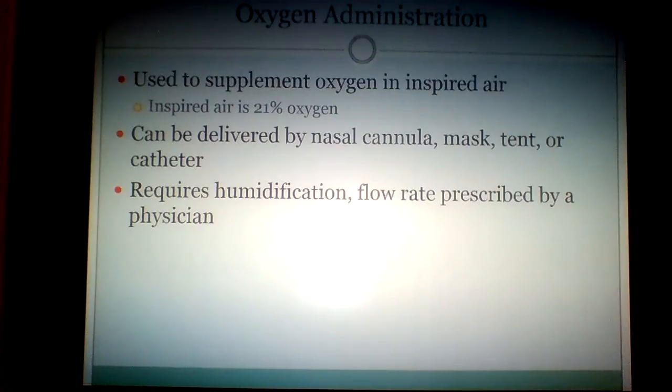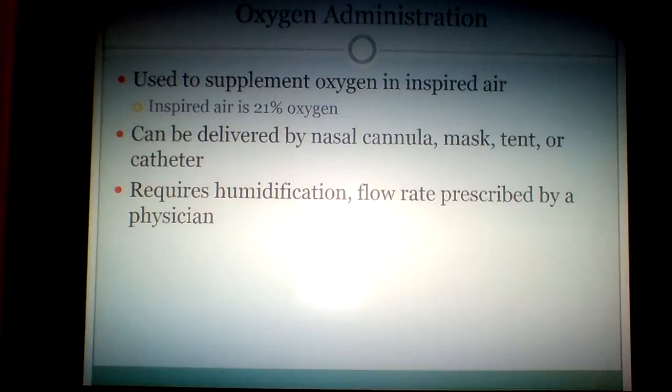So that's how you can have a general idea of what's going on with your patient. Going up by 1 liter: 24%, 28%, 32%, 36%, 40%, and 44%.